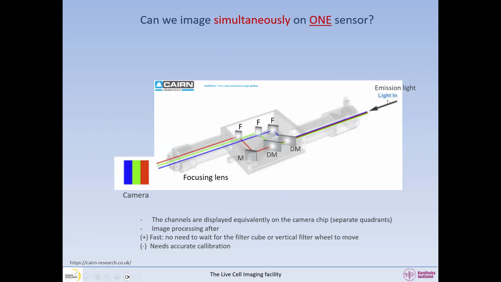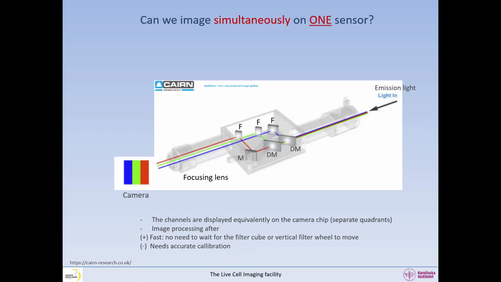So the emission light that comes from the sample will reach a set of different dichroic mirrors and emission filters and mirrors that will send the light.